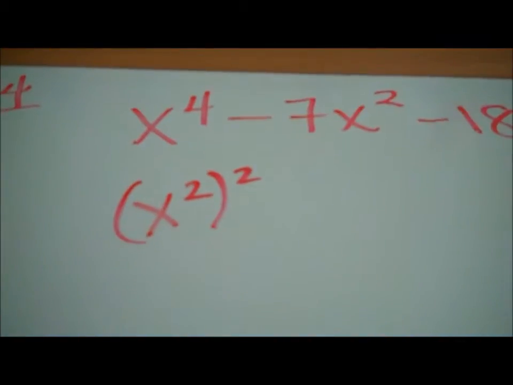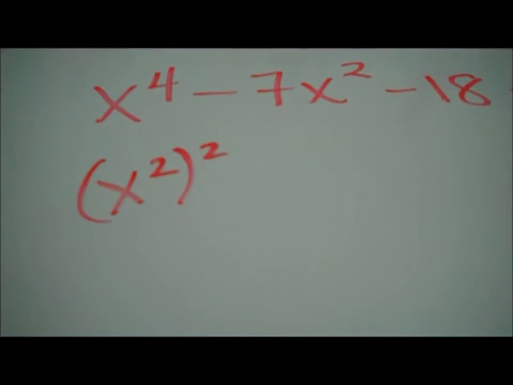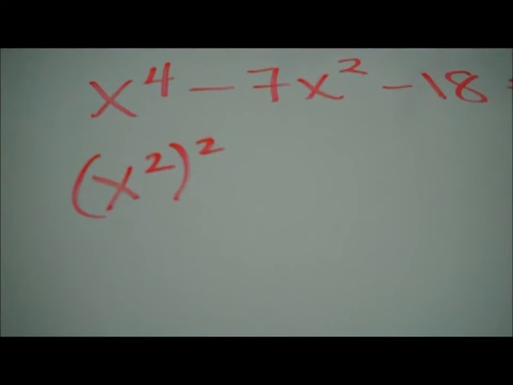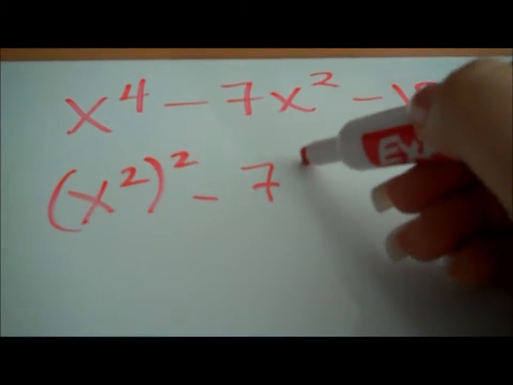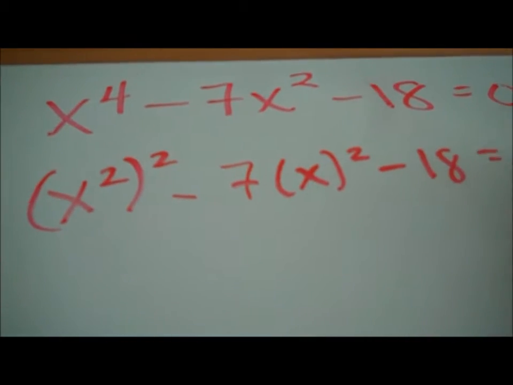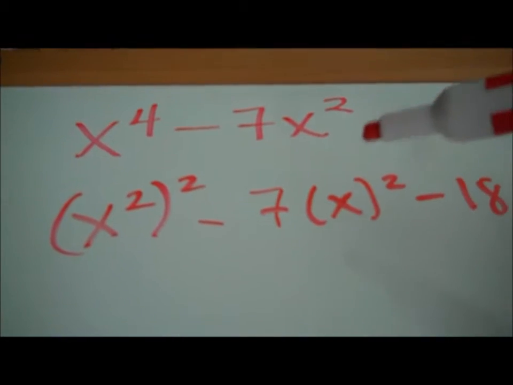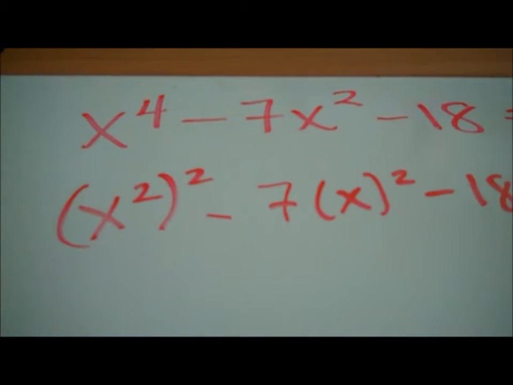I can rewrite x to the fourth as x squared, squared, or to the quantity of 2. We know that this would be x to the fourth. Same thing can be done here. With our b value, we can write this as 7 times the quantity x squared.